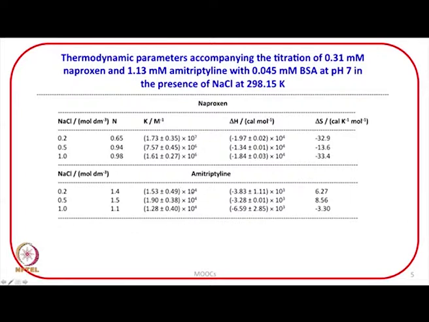So this suggests that electrostatic interactions are not playing a significant or dominant role in the binding of amitriptyline with serum albumin. So this is one example where, in this report, the use of sodium chloride in studying the binding affinity suggested that electrostatic interactions play a significant role in the binding of naproxen with serum albumin, but do not play a significant role in the binding of amitriptyline with serum albumin.